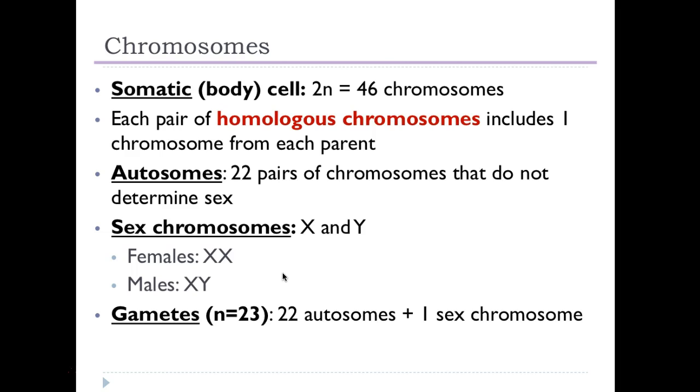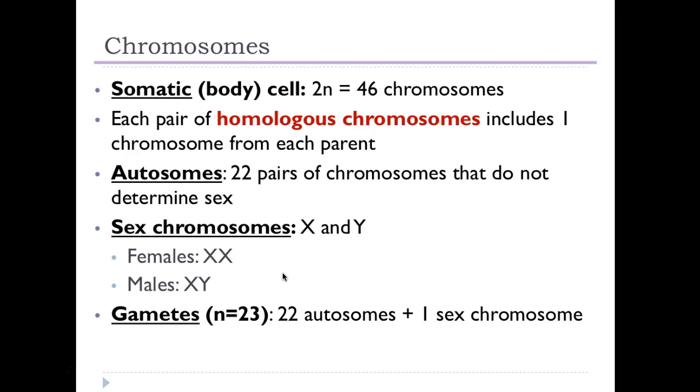Remember that homologous chromosomes are chromosomes that are similar in size, in shape, and in the genes that they carry. The first 22 pairs of chromosomes do not determine sex. We call those the autosomal chromosomes, or autosomes. The autosomal chromosomes, labeled pairs 1 through 22, are different from the sex chromosomes, which is pair 23. The sex chromosomes are X and Y.